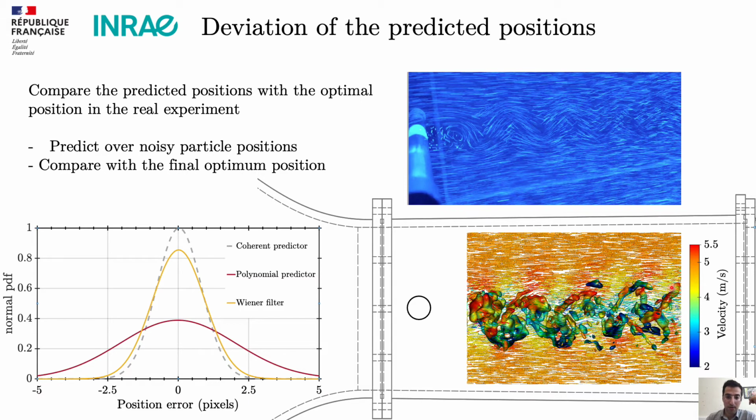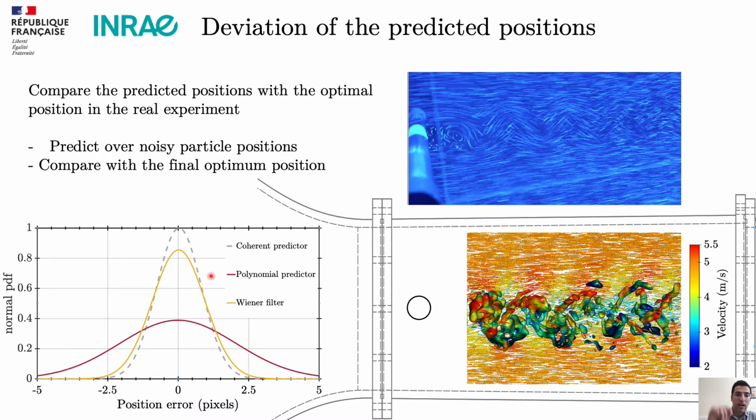To do the comparison for this study, we put aside the optimization part and only focused on the prediction part. Whatever we get after the initialization, we use that information for prediction assessment, and then we compare the predicted position with the final optimum position.